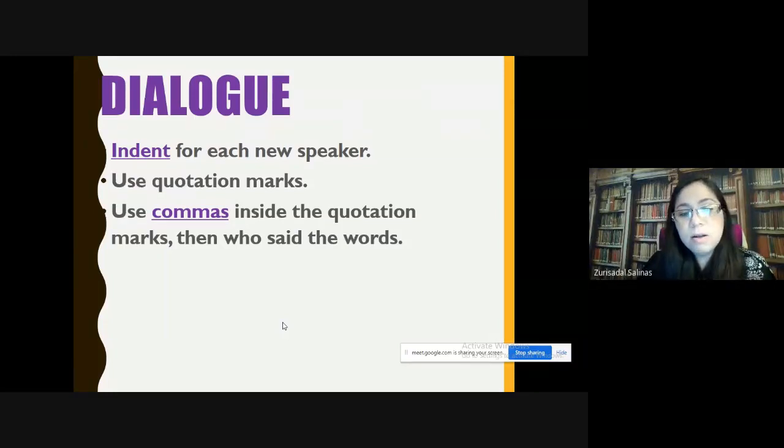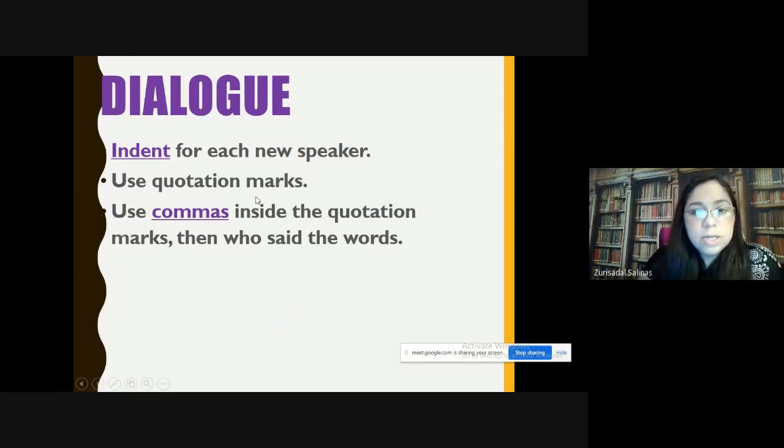When the writer uses dialogue, they want us to experience it. It's like we were right there in the room and we heard everything. We saw it firsthand. We heard everything that happened between the two characters. So that's why you want to bring in dialogue, to bring those characters to life.